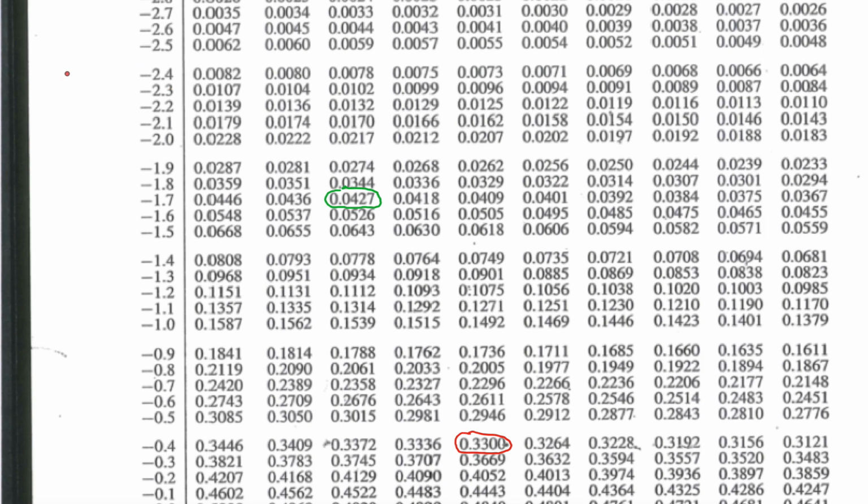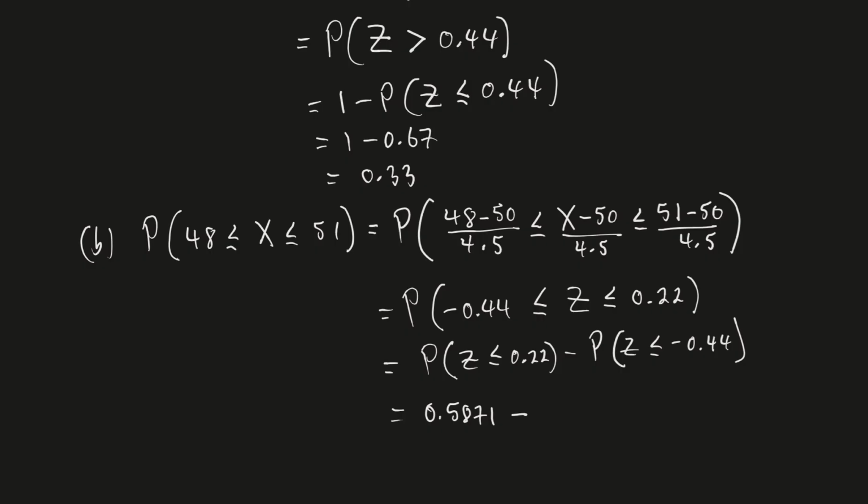It's because of the symmetry that shows up in these nice bell curves. So we're going to subtract the 0.33, and we end up with 0.2571. So that's the probability that this random variable is somewhere between 48 and 51.